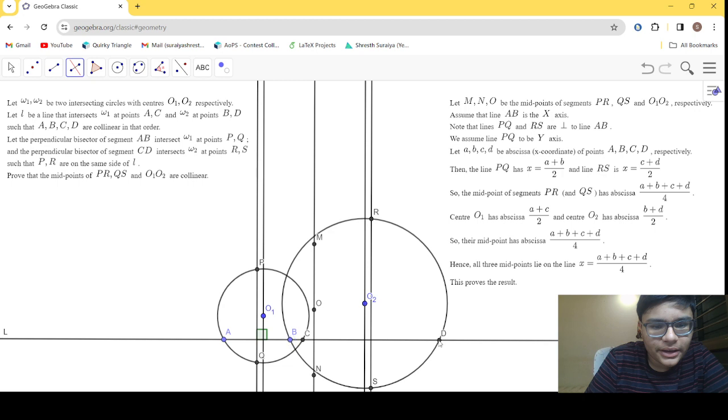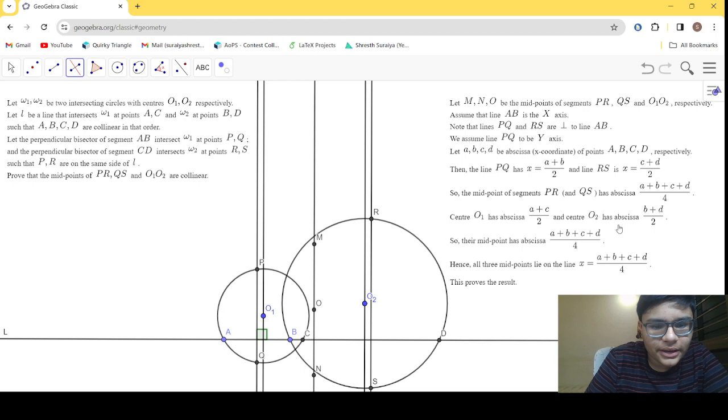So as you can see, O2 lies on the perpendicular bisector of BD. And so the abscissa of O1 will be the average of the abscissa of A and C, right? Because it lies on the perpendicular bisector. So O1 has abscissa (a plus c) by 2, as you can see there. And O2 has abscissa (b plus d) upon 2, right?